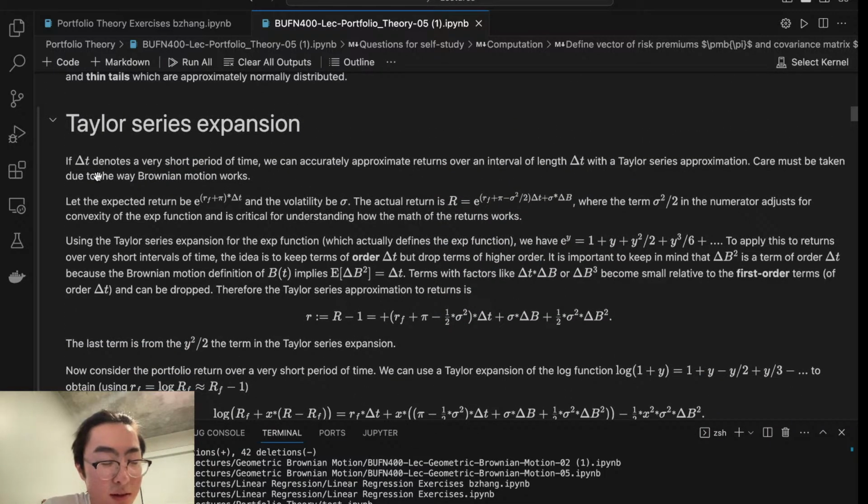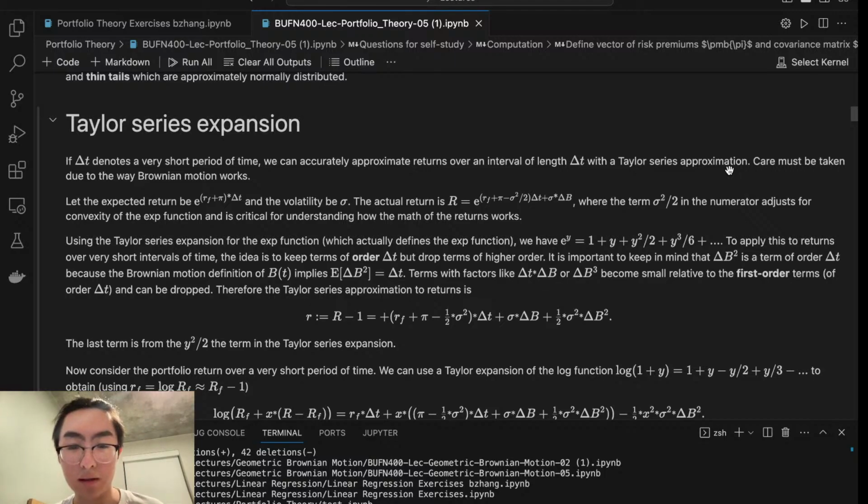So if delta t denotes a very short period of time, we can accurately approximate returns over an interval of length delta t with a Taylor series expansion. A Taylor series approximation. I don't even remember what Taylor series is from calculus. A correction must be made due to the way Brownian motion works. So if you let the expected return be e raised to rf plus pi times delta t, and the volatility be sigma, the actual return is r.